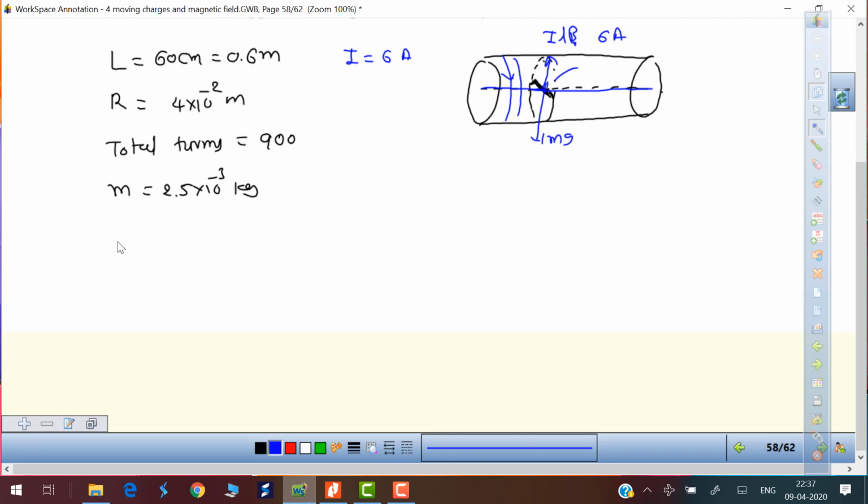The magnetic force on the wire is equal to the gravitational force.